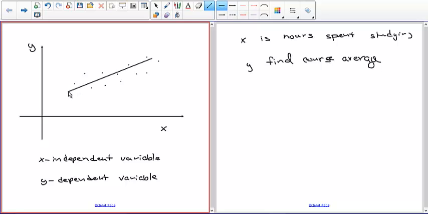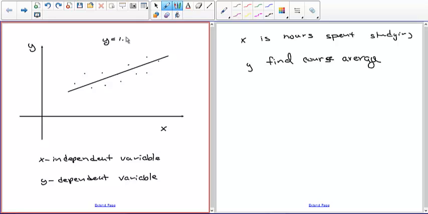And you could eyeball a straight line, and then you could come up with the equation for the line. Let's say y equals 1.5x plus 10. So if you didn't study at all, you might still get a 10.